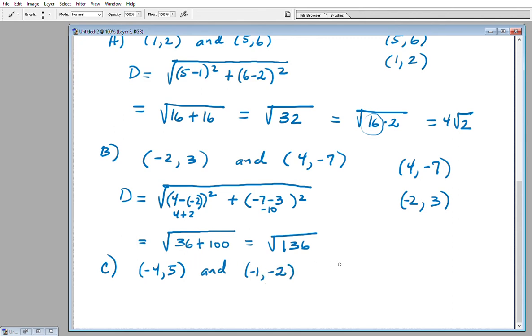All right, I'll line them up. So you do this. It doesn't really matter which one we put on top, but I just always put the second one on top to be consistent.